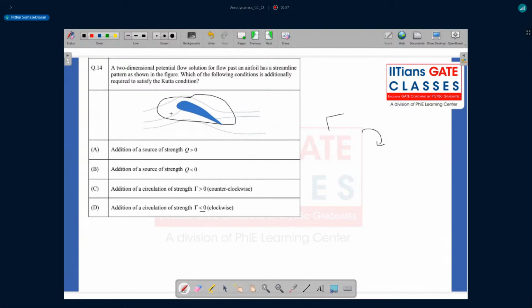And if you want a positive lift over your airfoil, which is what we certainly do want, we need a clockwise circulation over my airfoil, and hence that will basically enable a smooth flow over my entire airfoil. And the right option here is option D.